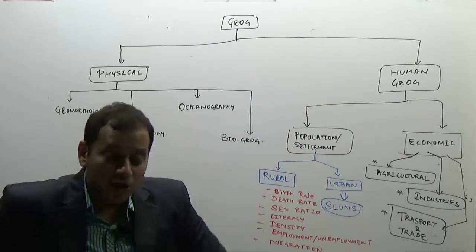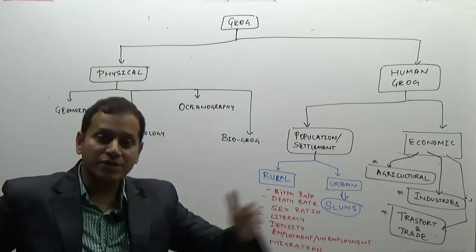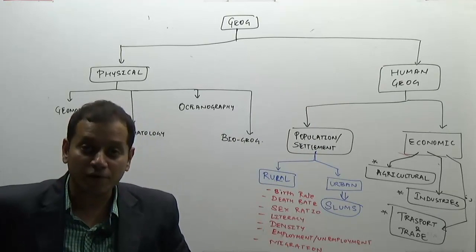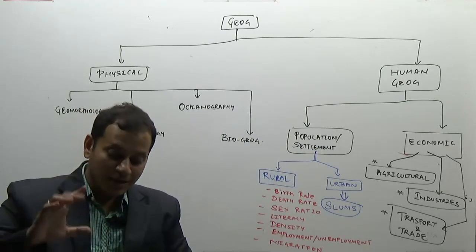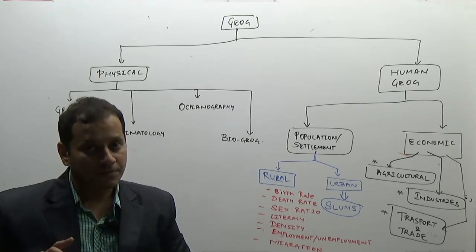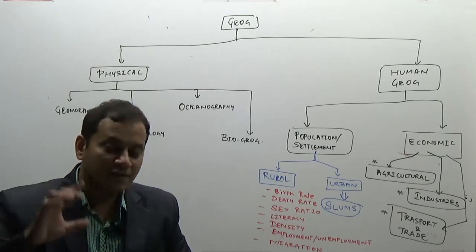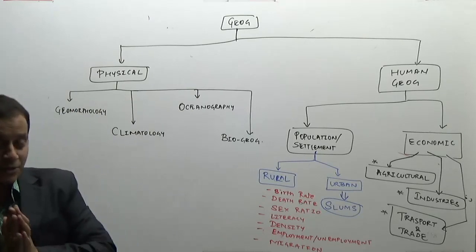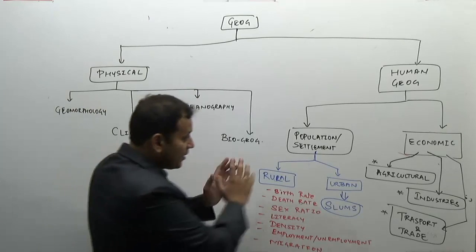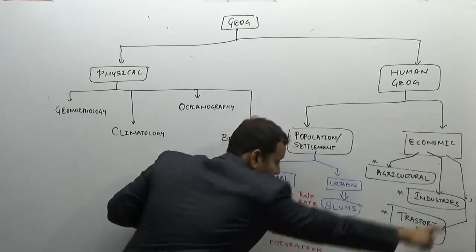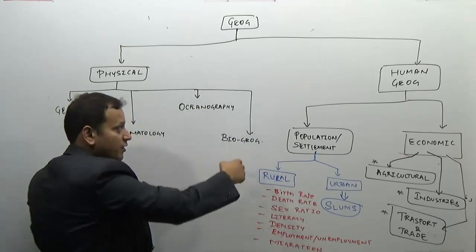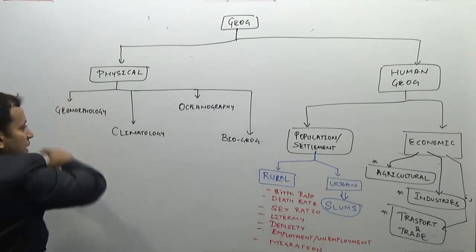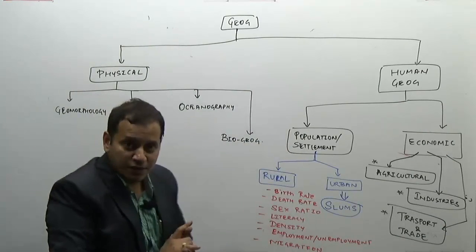But if we look at the previous UPSC papers, the examination patterns and the demands of the examination, we can conclude that the major importance lies in Indian geography, while because this is a conceptual area, we can study the world's physical geography.